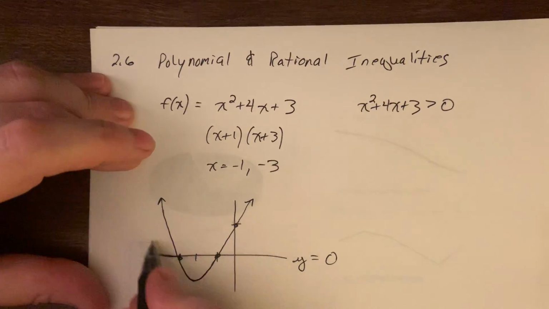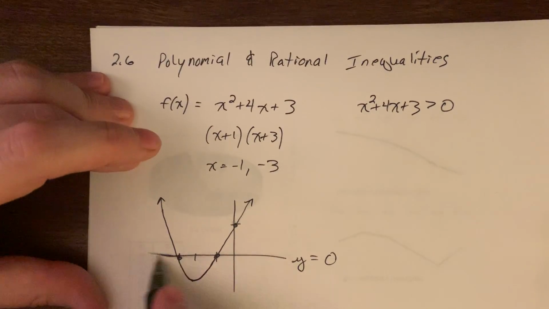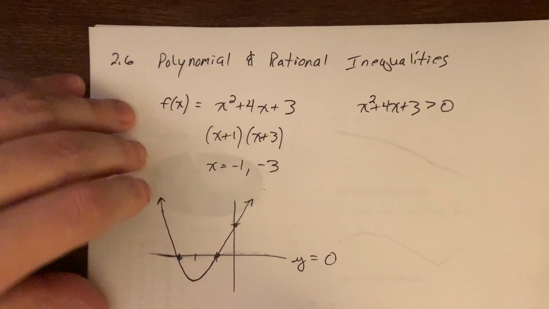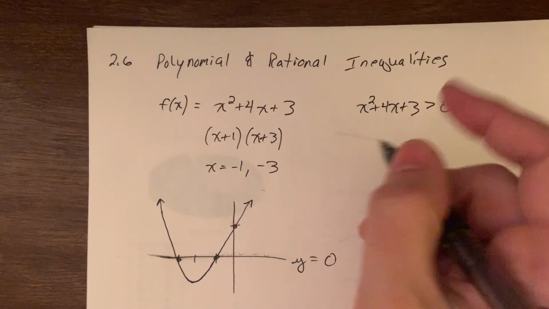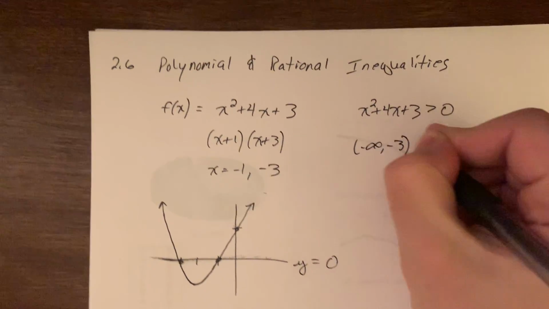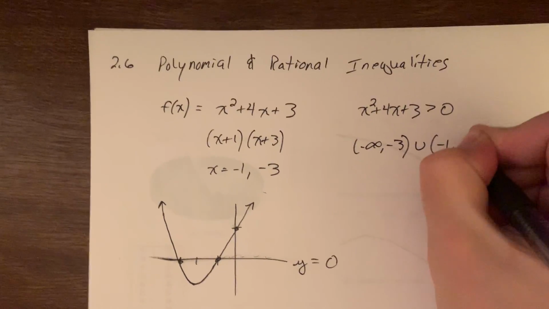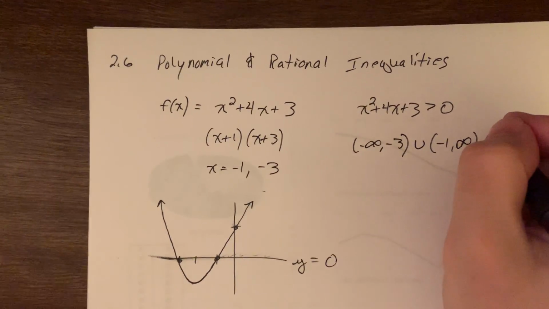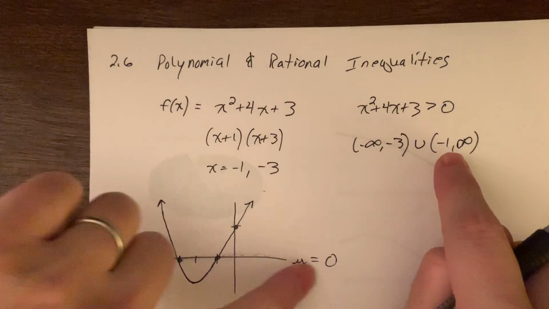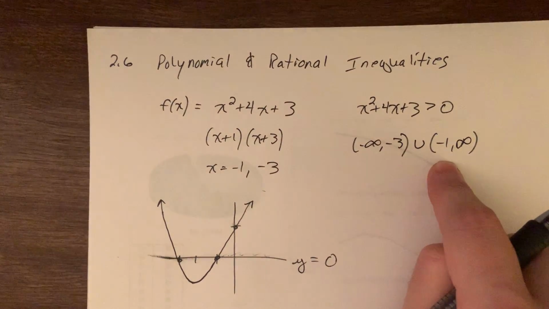This is above the x-axis for all of these x's, and for all of these x's. So this inequality would have solution -∞ to -3, union -1 to +∞, representing this interval and this interval.